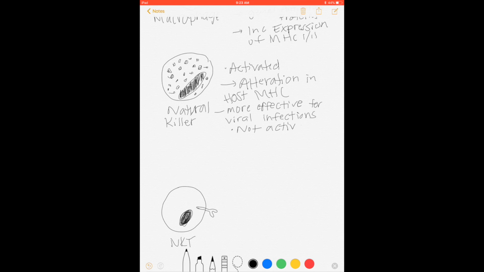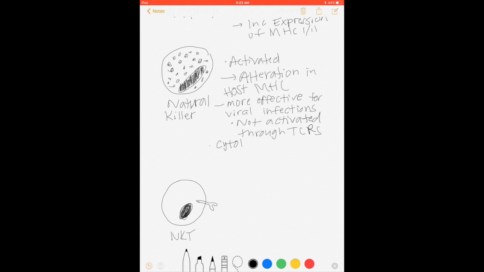They kill infected cells through cytotoxic granules, which contain perforin and granzyme, which will induce lysis of the infected cell.